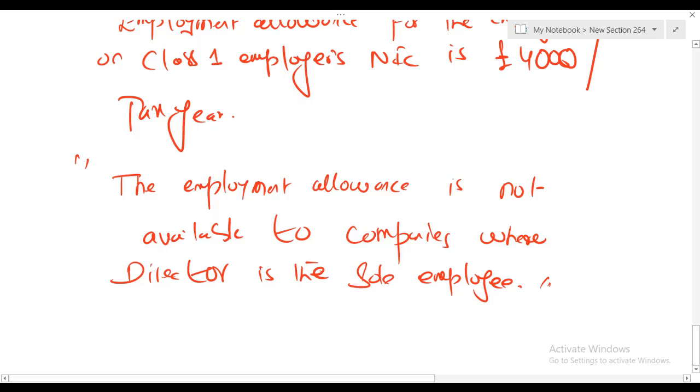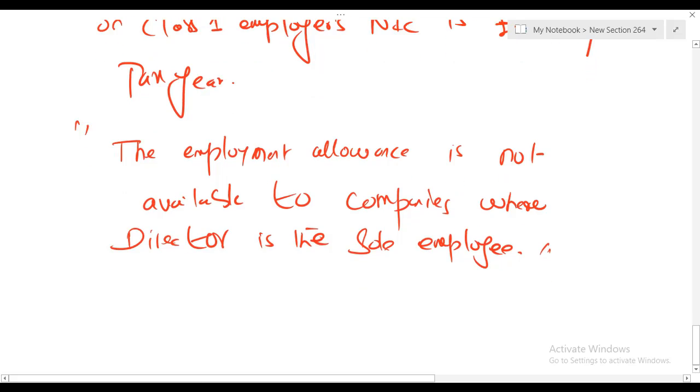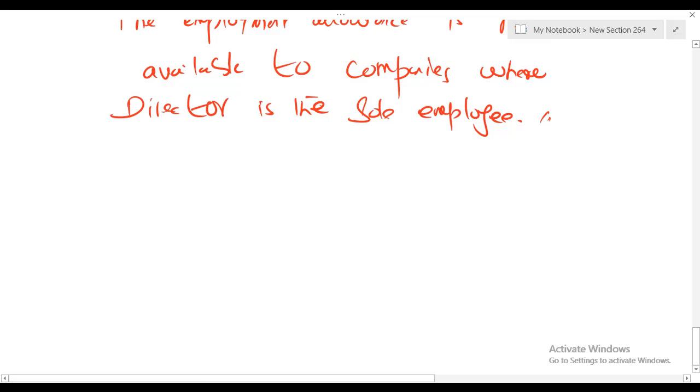If in the entire organization there is only one director who is the sole employee of that company, then sorry to say, the 4,000 employment allowance will not be available. Repeat. This 4,000 employment allowance will not be available to a company where the director is the sole employee of that organization.